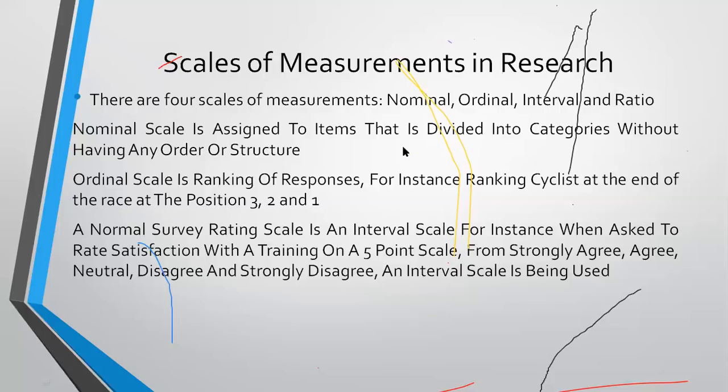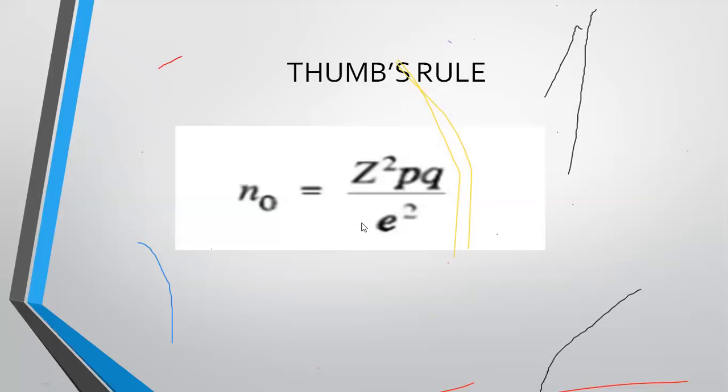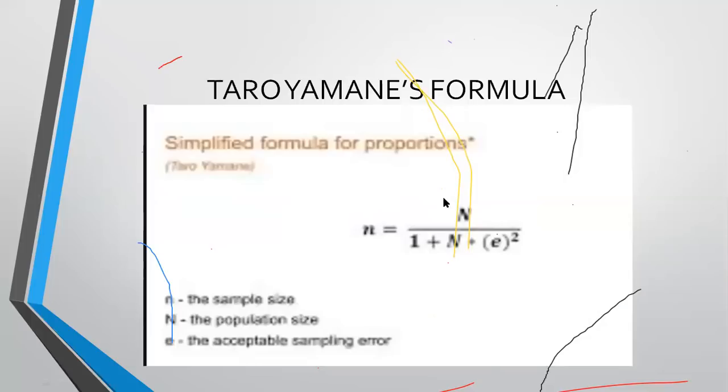Thank you very much for the class, ma. I want to make a clarification on Taro Yamane's rule. On the formula, you said small n equal to the big N over 1 plus N. I want to know, is it big N plus bracket squared or just bracket squared?